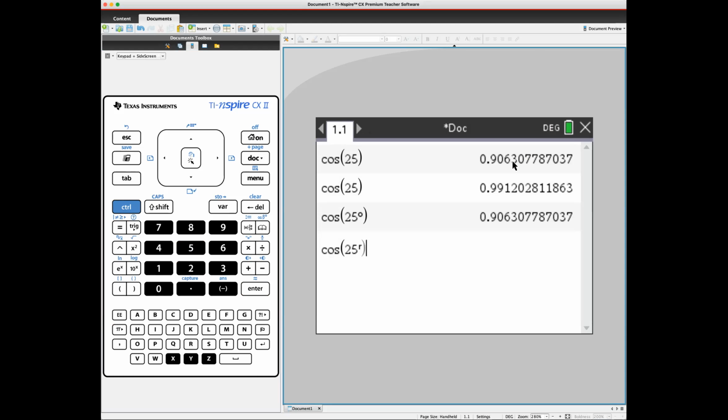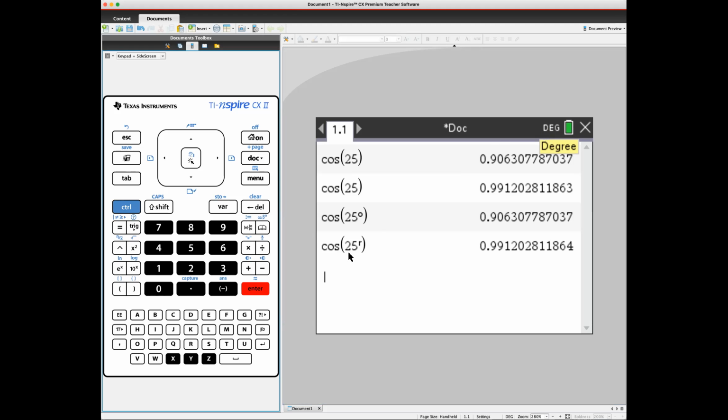So if I hit enter now, notice that I'm in degree mode, but the angle is in radians. That overrides the default setting in the calculator. So this is the cosine of 25 radians, which is the same as when I did the calculation in radian mode. So cosine of 25 degrees is 0.906.